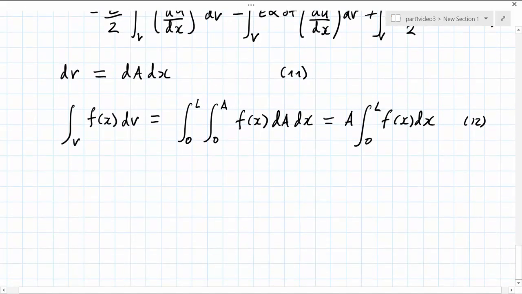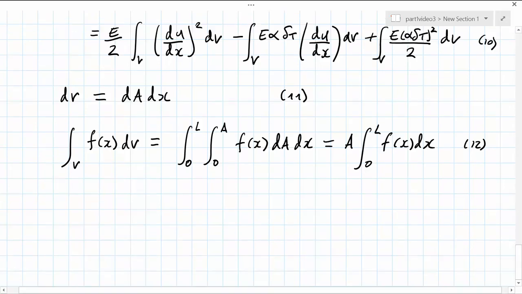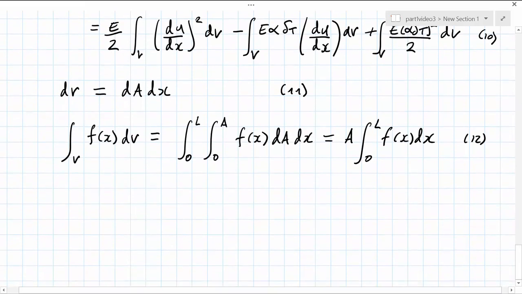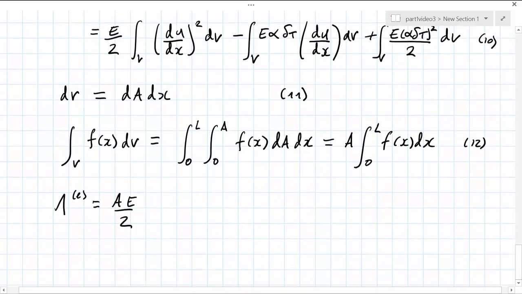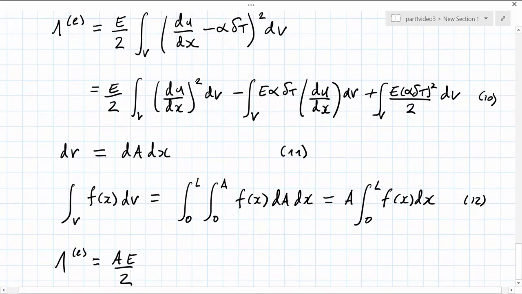Using the information we've obtained from equation 12, we can now say that equation 10 takes on the following form. Lambda E is now equal to the area times the Young's modulus over 2. Before we go on, let's have a look again at equation 10.